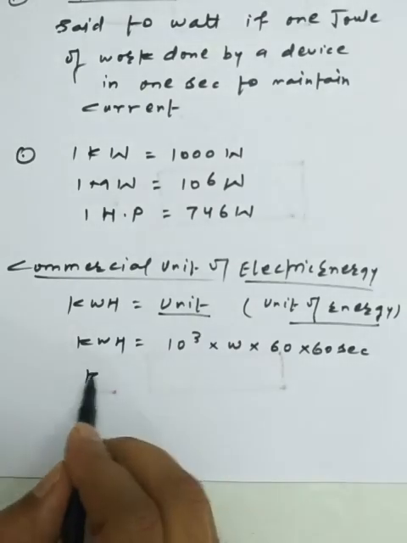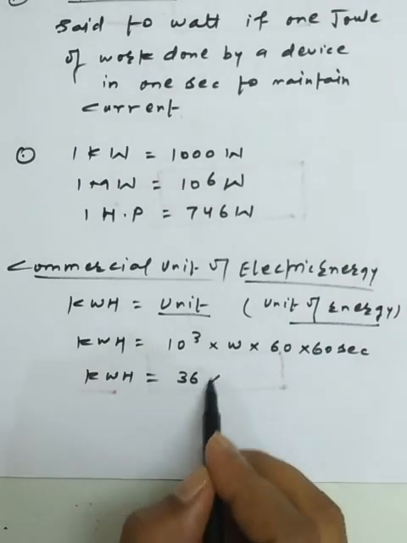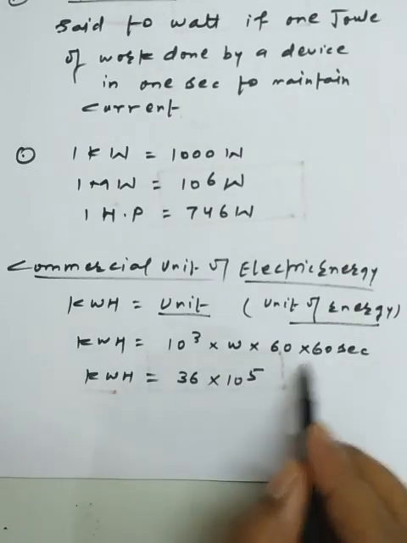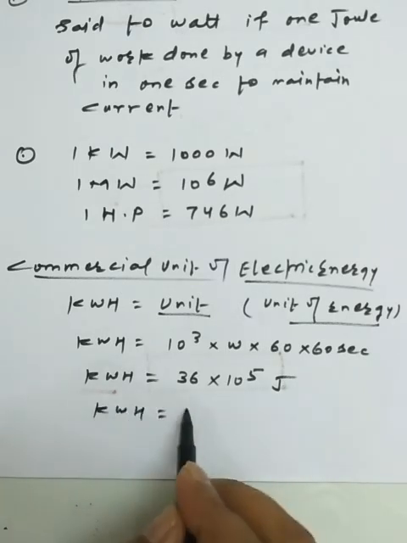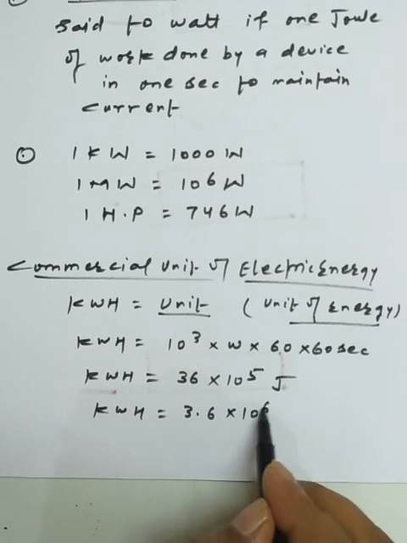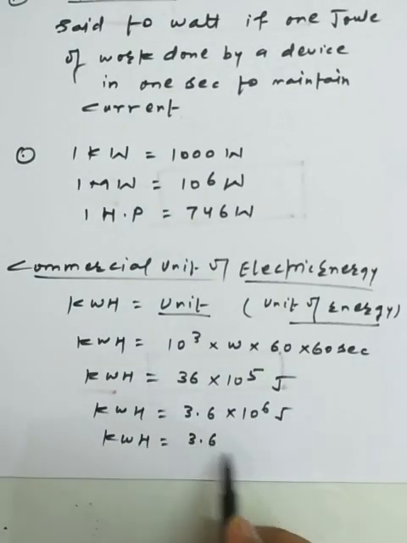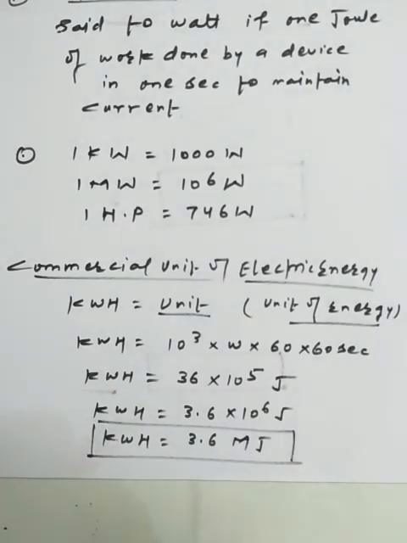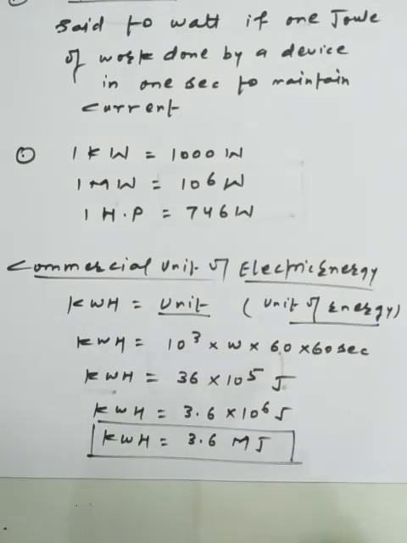So we can state kilowatt hour in terms of joule: multiplying 3.6 into 10 raised to power 6, since watt into second makes the joule. So kilowatt hour is equal to 3.6 into 10 raised to power 6 joule, that is, 3.6 megajoule. This is the conversion of kilowatt hour into megajoule. So we have discussed the concept of power with the following descriptions.